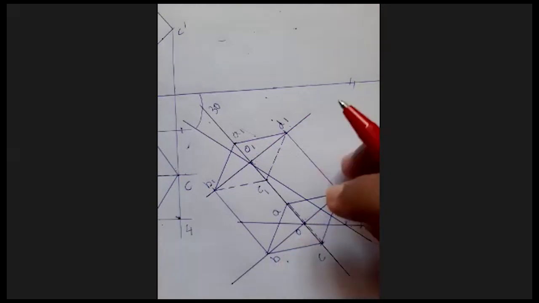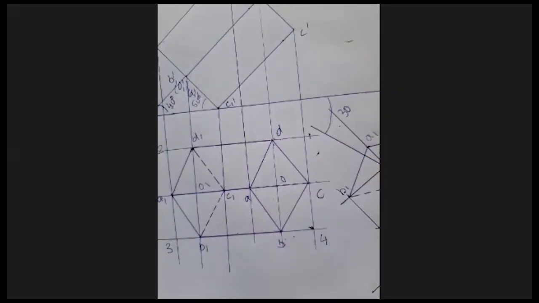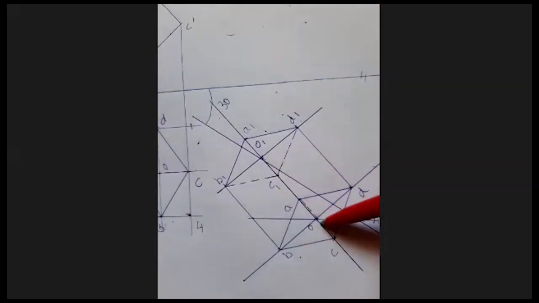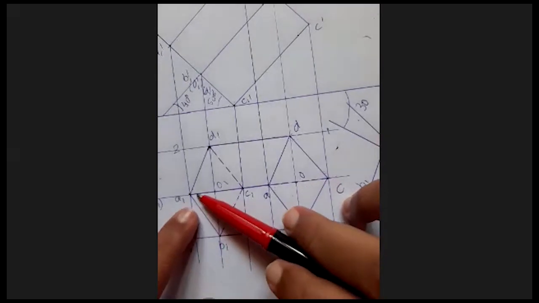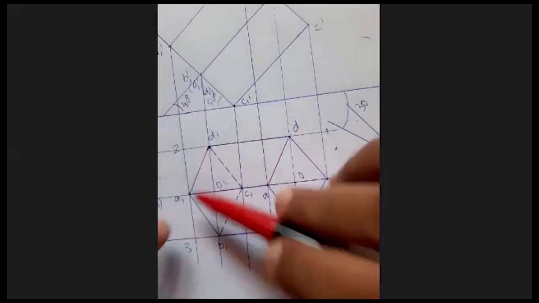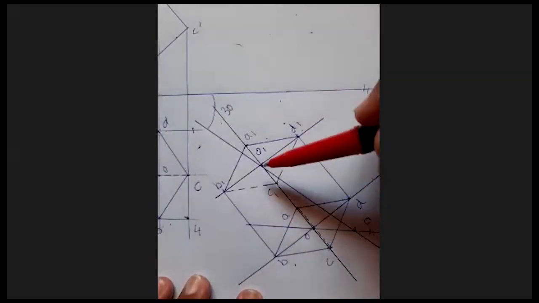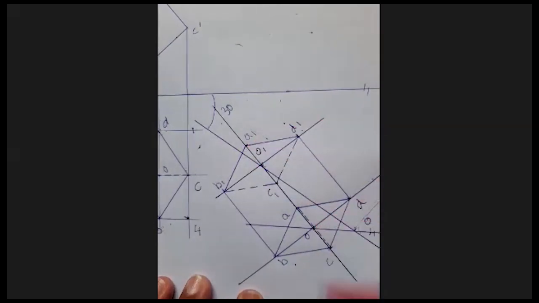So you cannot place 1, 2, 3 and 4 at points O1 and O. These 1, 2, 3 and 4 are at points A1 and C. So even if you want to place the 1, 2, 3 and 4 rectangle, in that case you have to measure from O1 to A and O to C, then draw a 90-degree line here. Okay, then you can get all the other points.